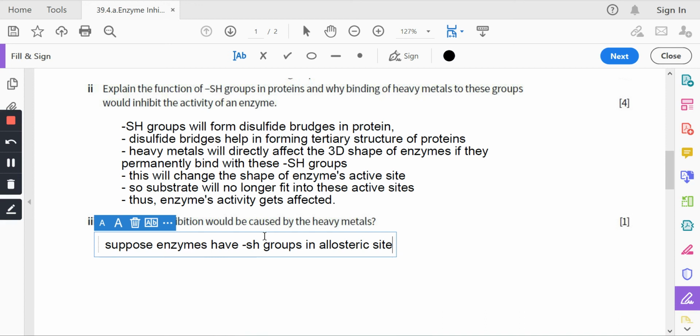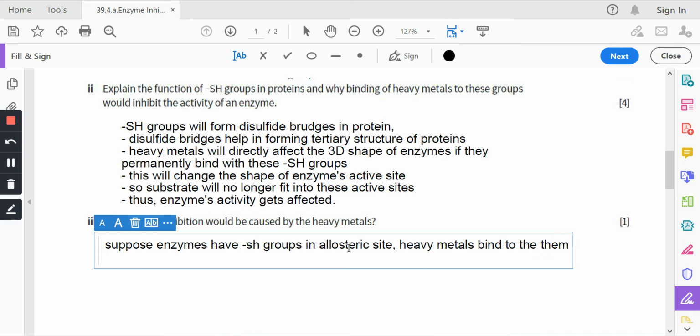So if the enzyme has SH group in the allosteric site, heavy metals bind to them, and this bond they will form is a permanent bond. They bind to them permanently, affecting active site shape.